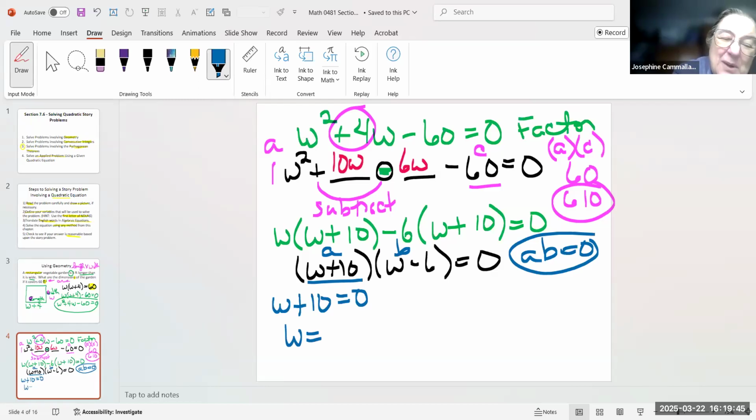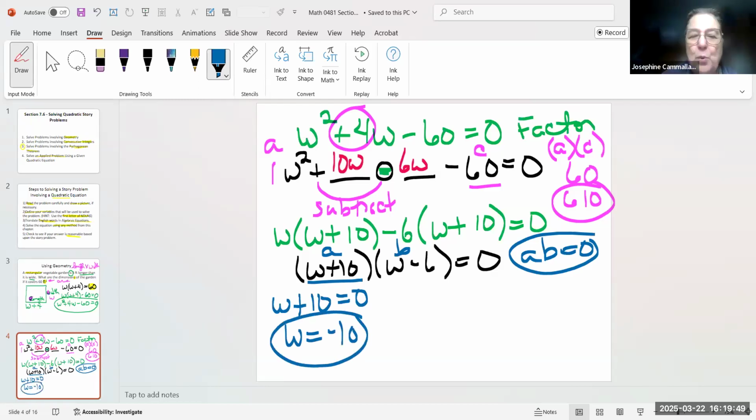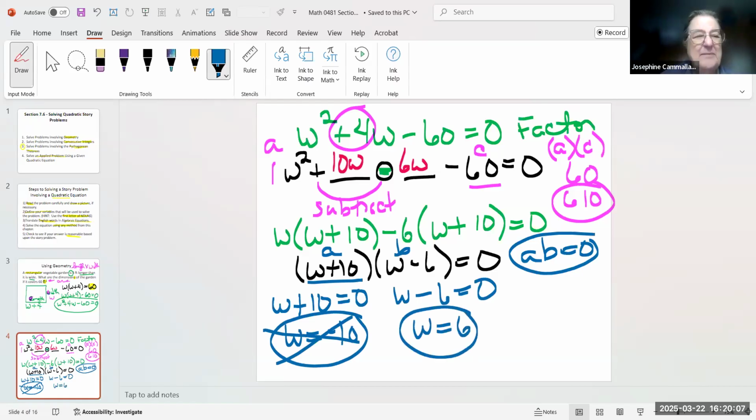But this W is giving me a negative width. Remember I told you when we started this lesson, I can't have a width, I can't measure negatively, but my B is going to give me a positive 6.